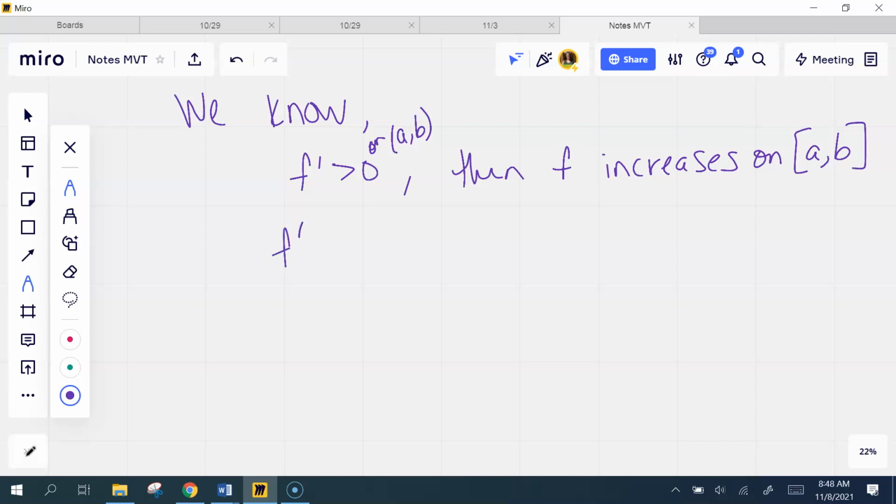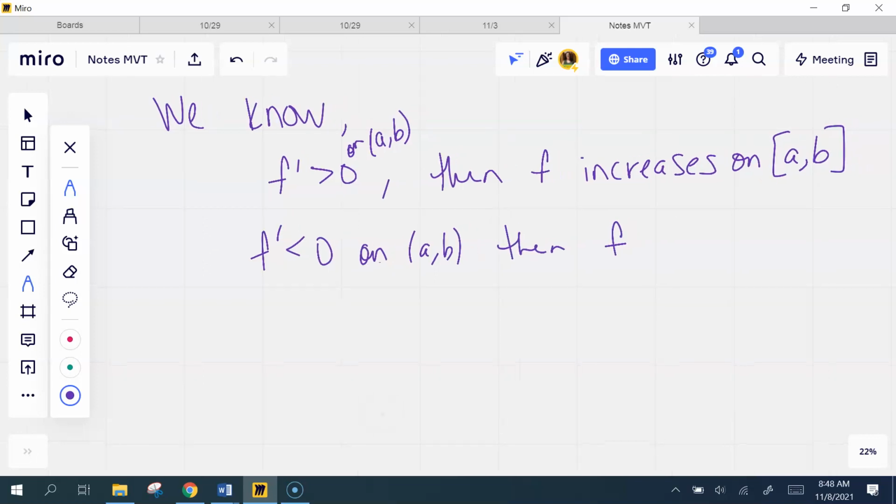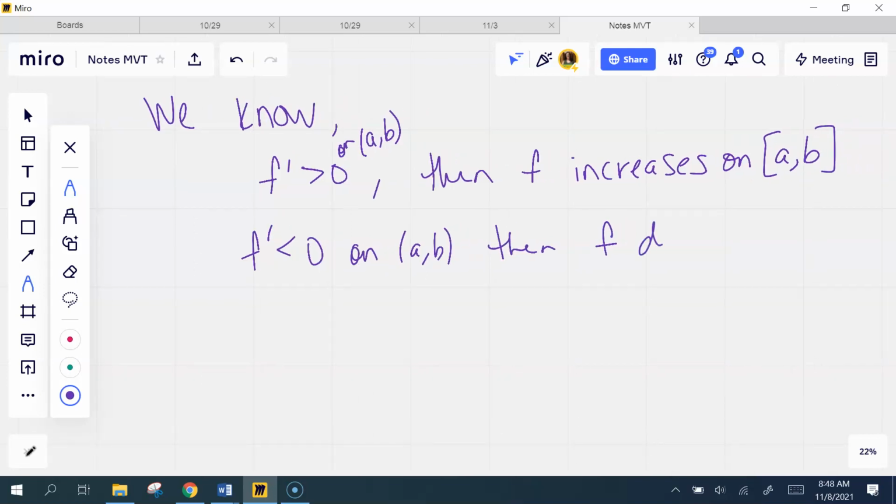All right, so with the same thing, if the derivative is negative on the interval AB, then f does what? Decreases. Inclusive.